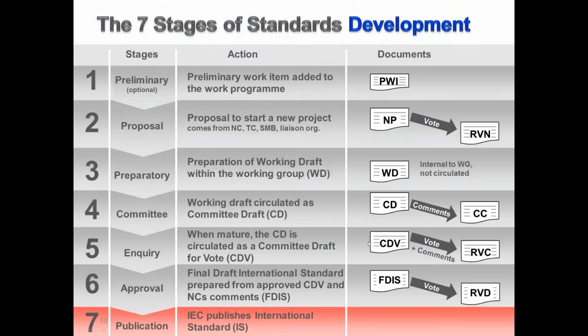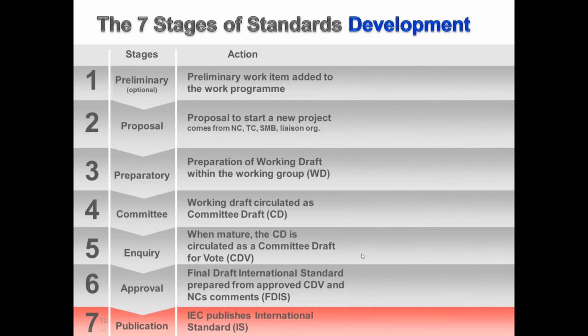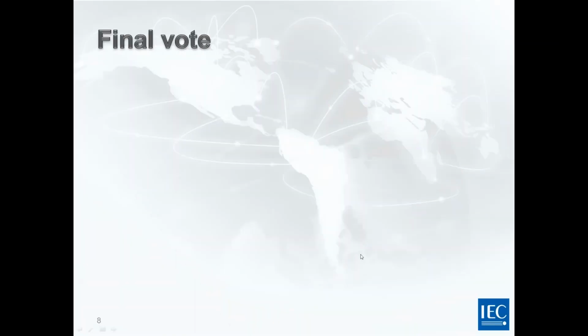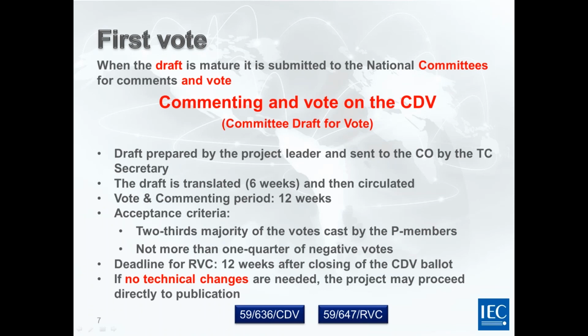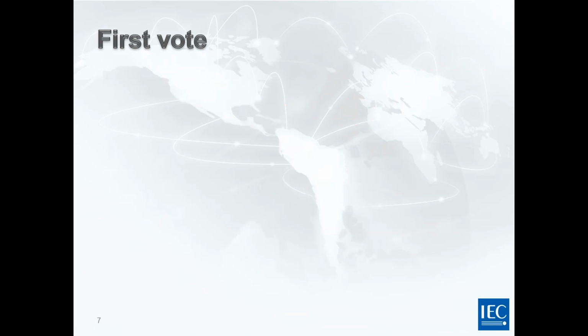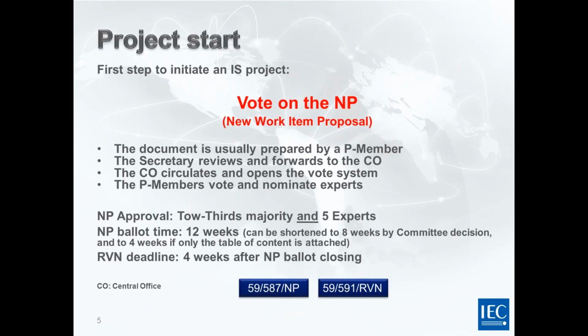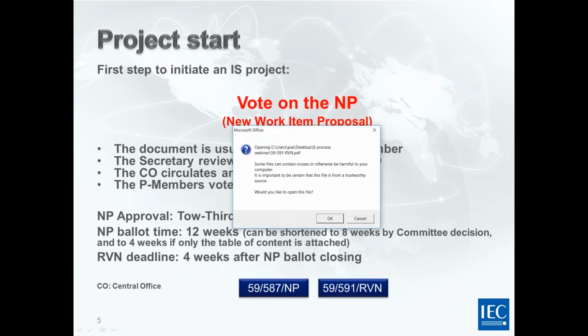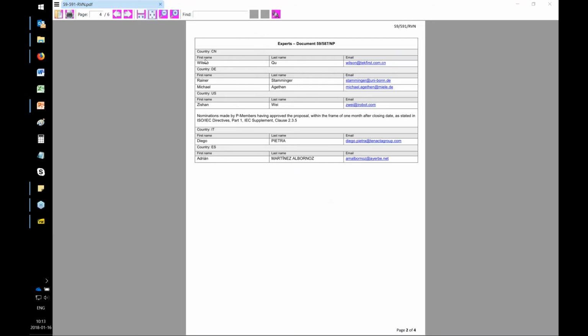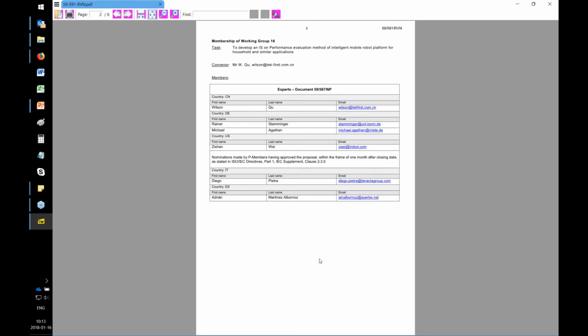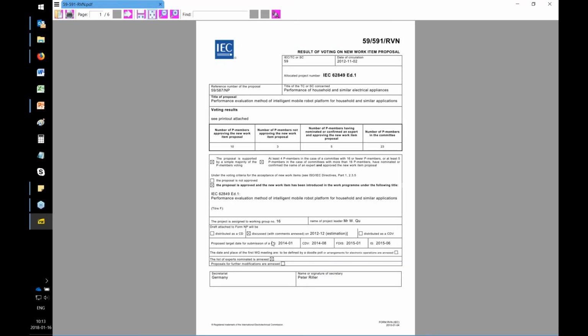So if I go back to the RVN, let's go back to it, all right, here's the RVN. If we look at the RVN here, this is where the project leader is proposing this time limit.